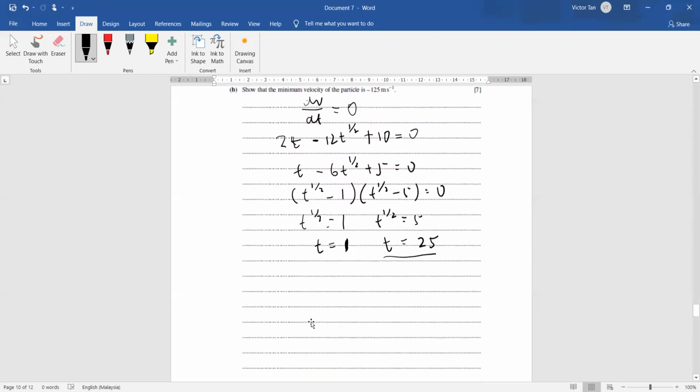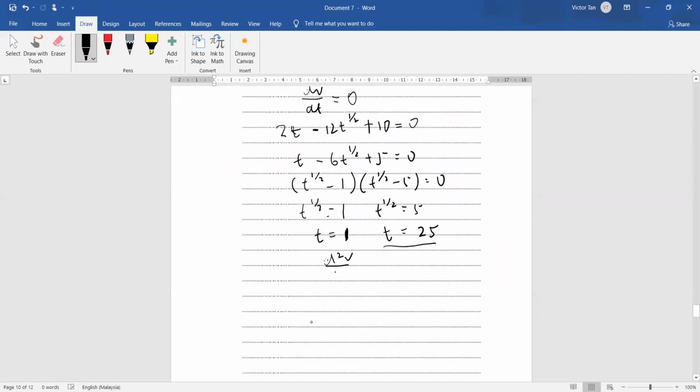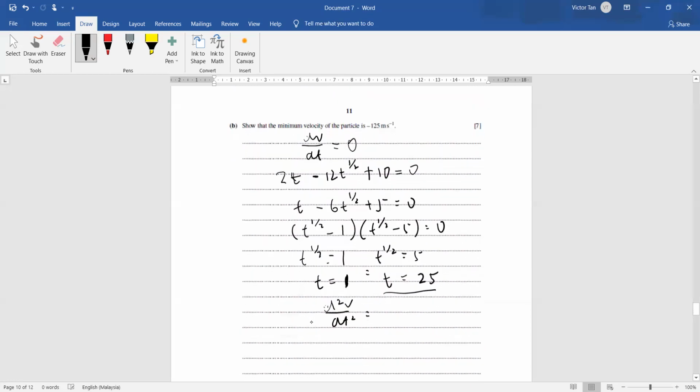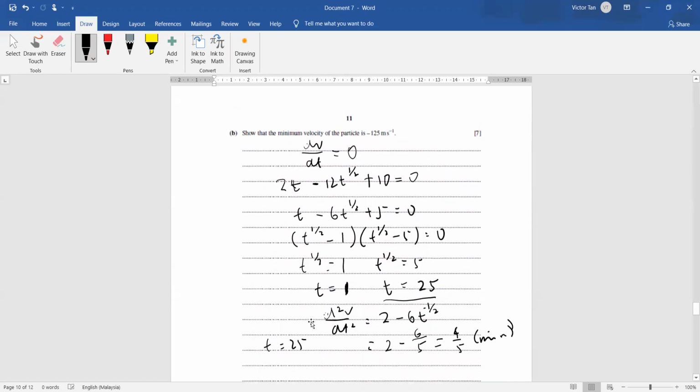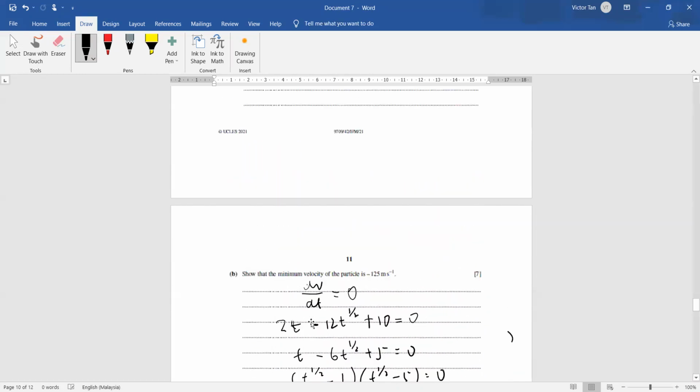So just to confirm, you do a second differential. It equals 2 minus 6 t to the power minus a half. Okay, so when t equals 25, this will be equal to 2 minus 6 over 5, which is 4 over 5. It's a minimum. So this is the value when the velocity is minimum.